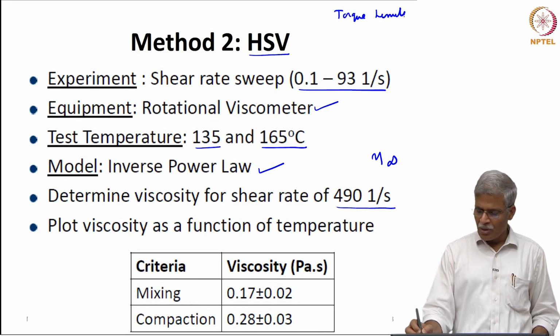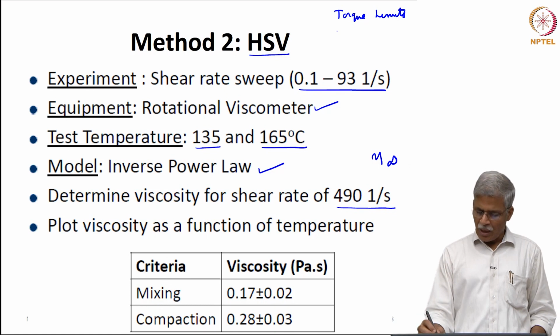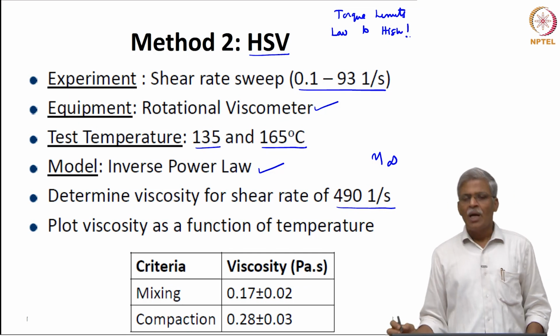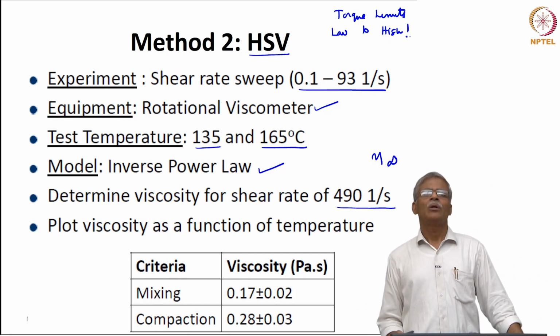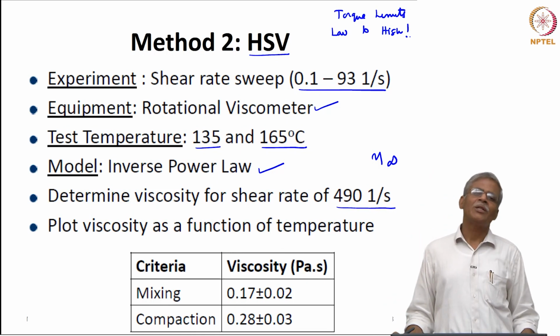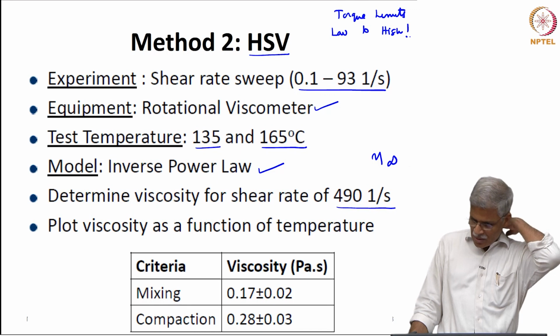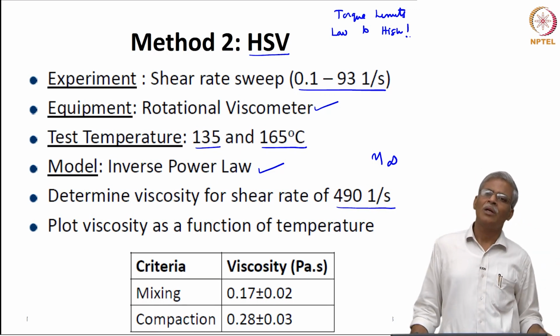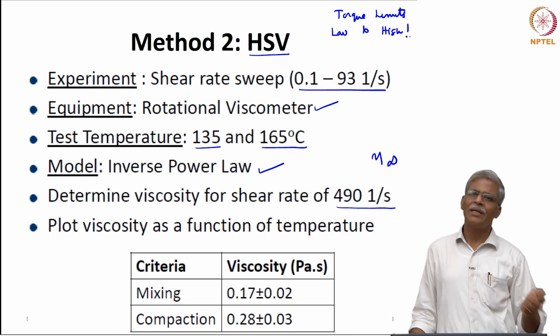The torque limits for any equipment are prescribed from low to high. That means at very low torque levels, the measurements that you make in any viscometer cannot really be considered reliable, and the same goes for the torque limit at the highest end.